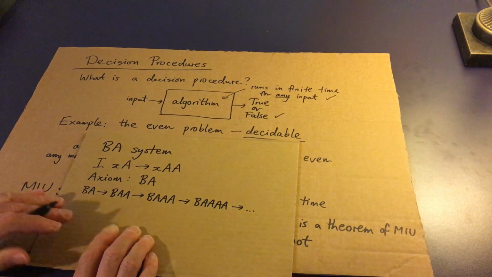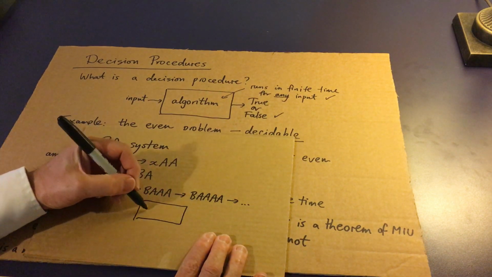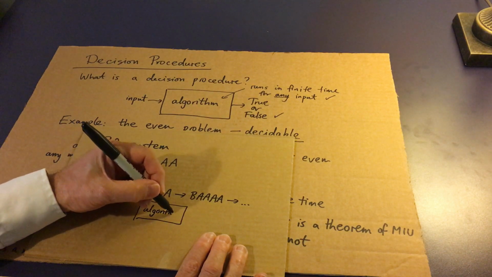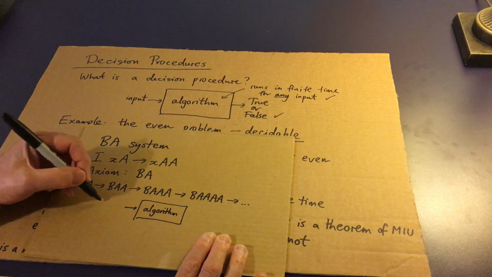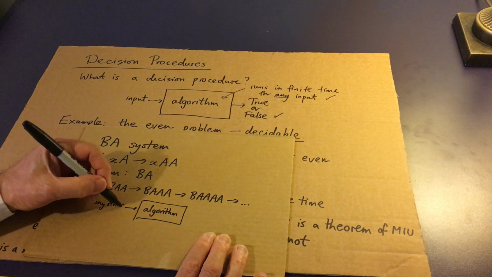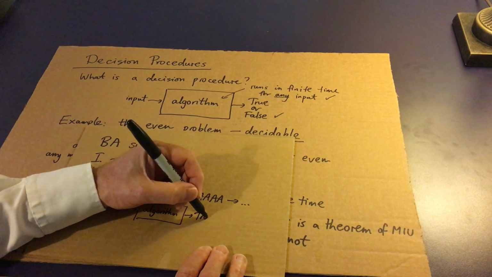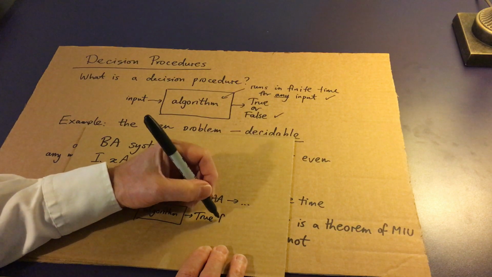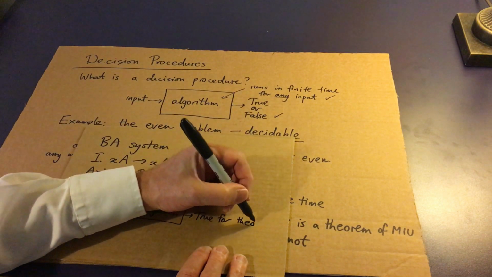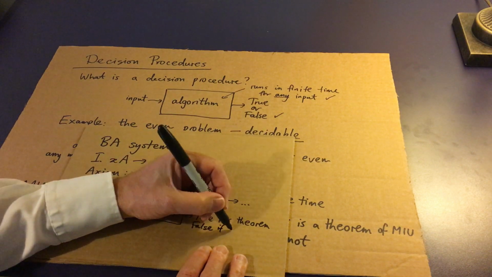Now the question is, what is the decision procedure for this? In other words, you've got an algorithm. In here, you've got any string as your input, and you're going to be coming out with a true for theorems and false if not.